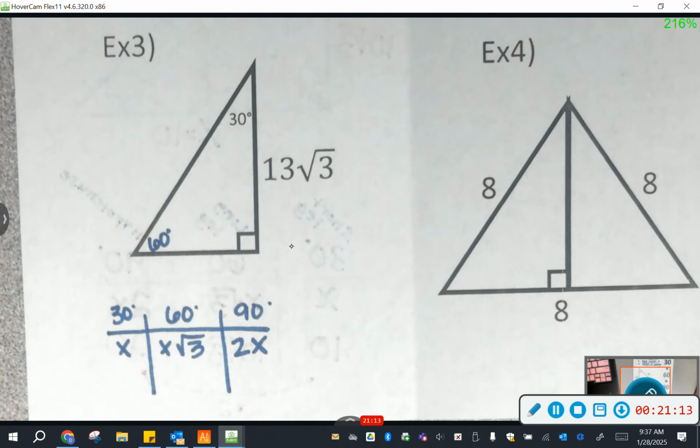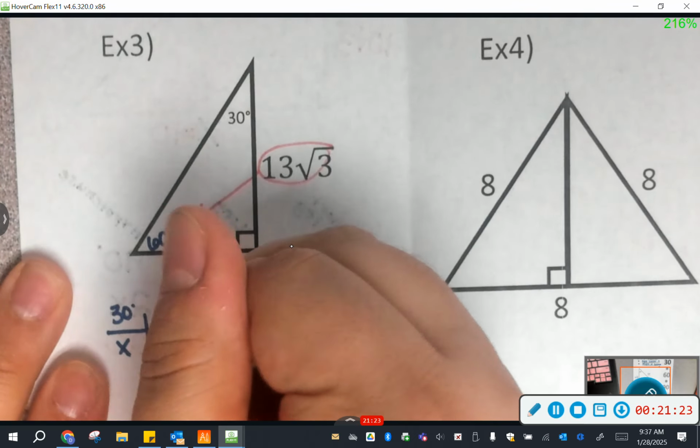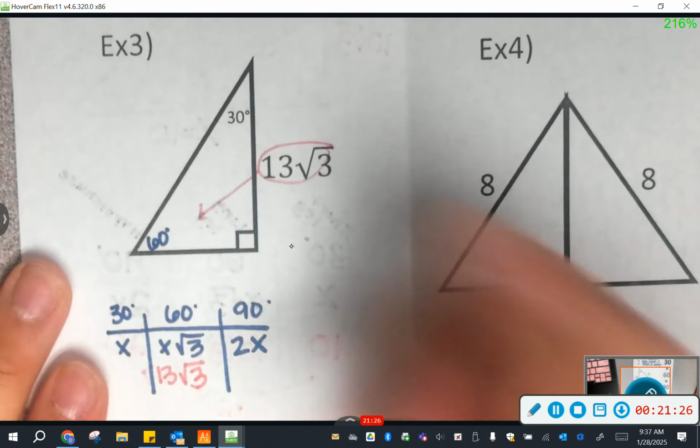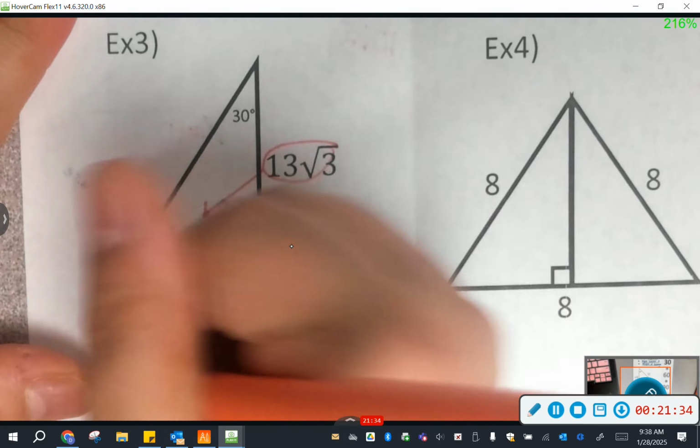So I gave you 13 square roots of 3. What is it across from? 60. So this right here is across from the 60. So I'm going to put that in the 60 column. And if that goes in my 60 column, what is x? 13. Just the number in front of it, 13.